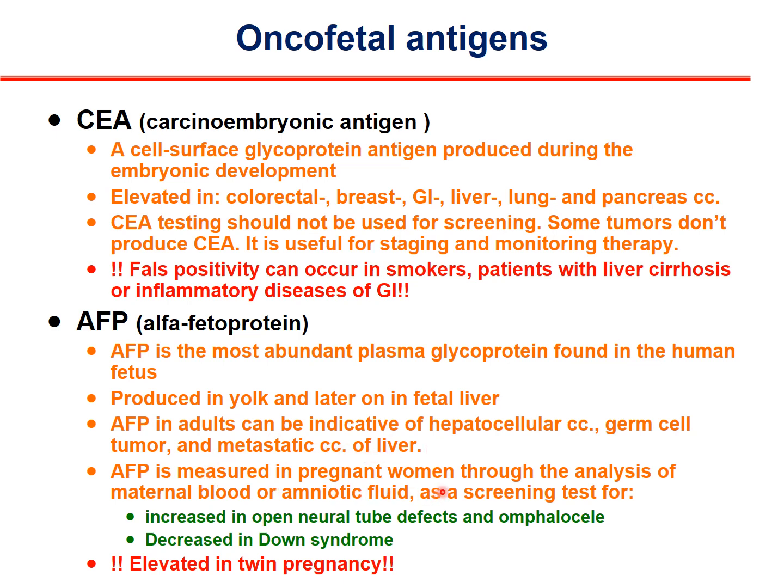It is measured in pregnant women through analysis of maternal blood or amniotic fluid, as a screening test, for example, for an increase in open neural tube defects and omphalocele, and decreased levels could be seen in Down syndrome. Elevated levels can be found in twin pregnancies as well.